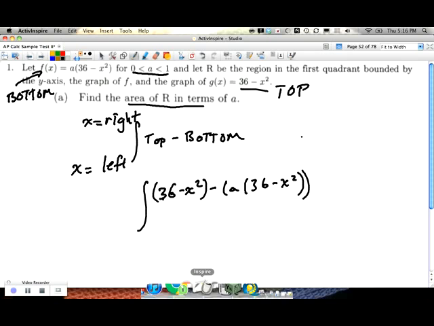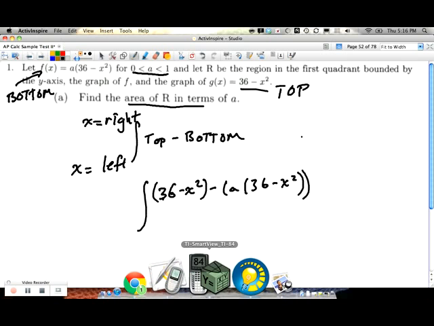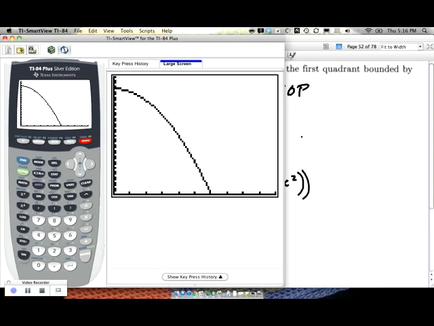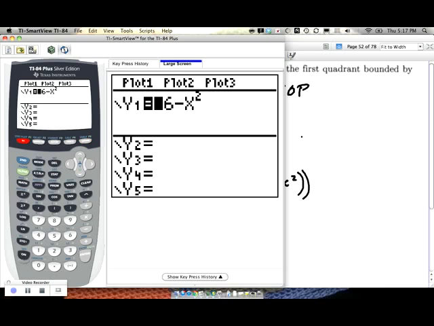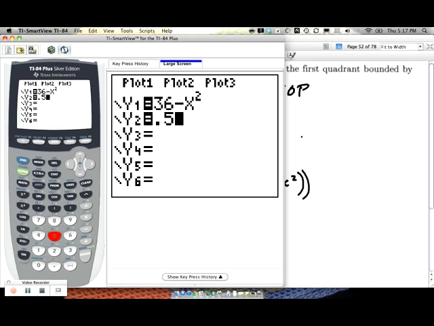What is our range? Well, let's take a look back at our graph just to see what we're working with here. We go out to 1, 2, 3, 4, 5, 6 is how far we're going to hit here. And just to give you guys an example, let's say a was 0.5. Then if I were to type that in, it'd be 0.5 times, and really it's the same thing as y1, so I'm going to just reuse that.